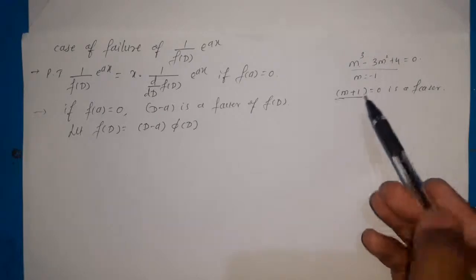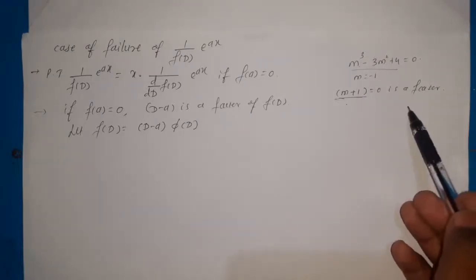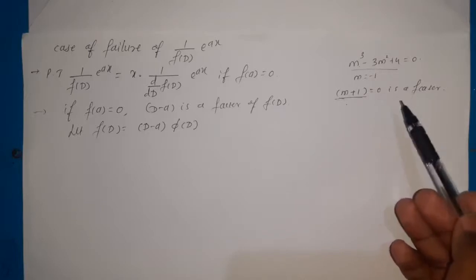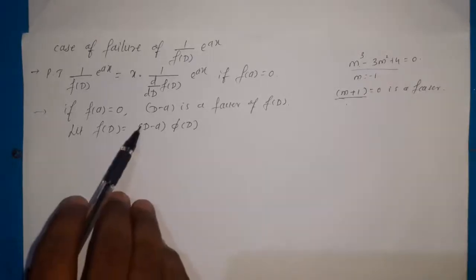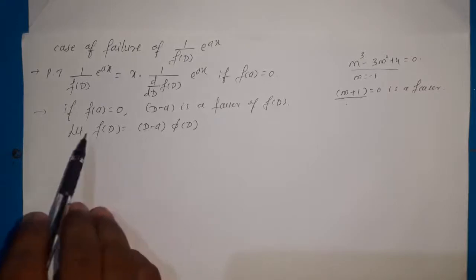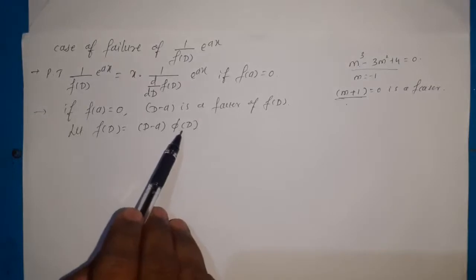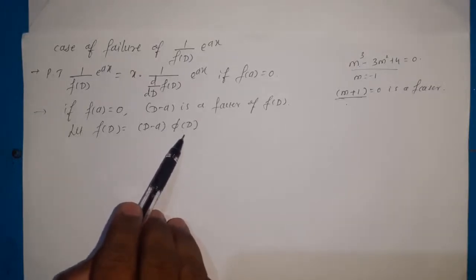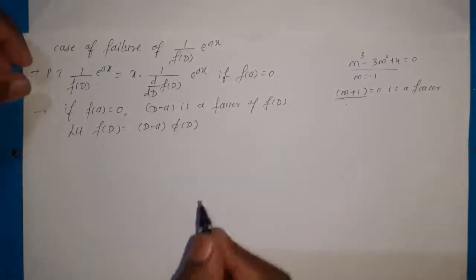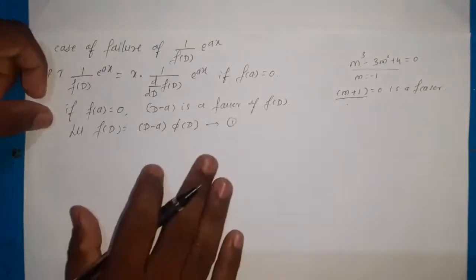Means here it is m plus 1 into the remaining function, that is of the form m square plus m plus constant, like that. So D minus a has come outside from the function f of D, and the remaining function is not equal to f of D. Therefore, we consider that as phi of D and call this equation number 1.